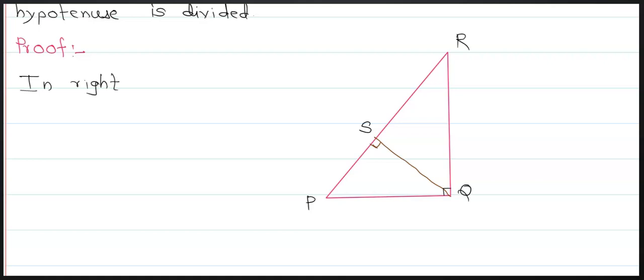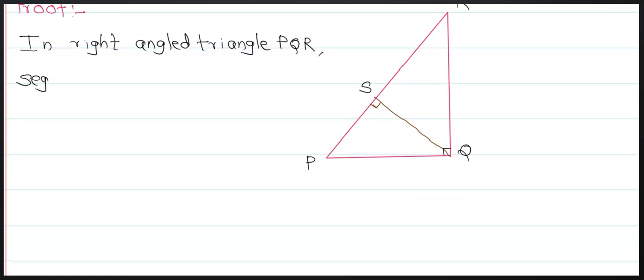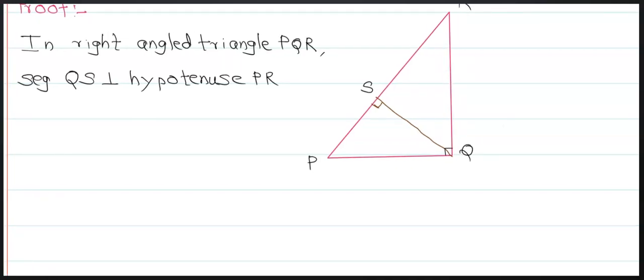Now see this figure. In right angle triangle PQR, segment QS is perpendicular to hypotenuse PR.